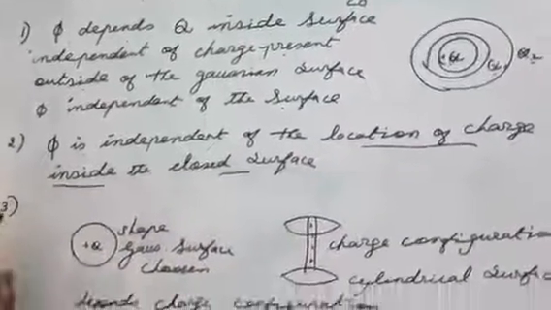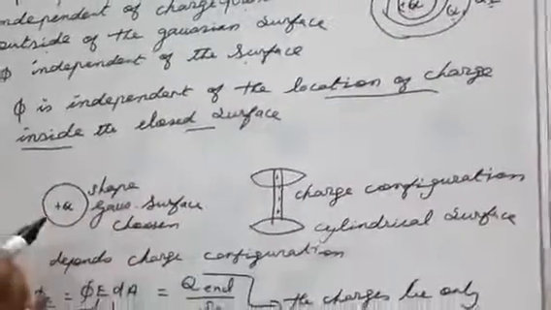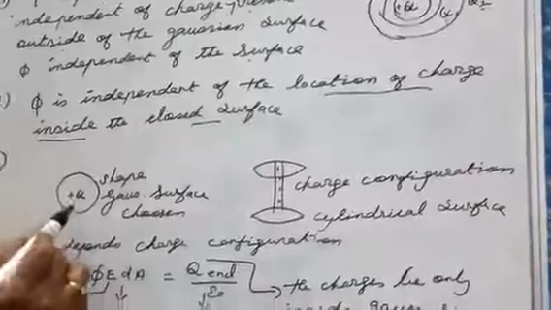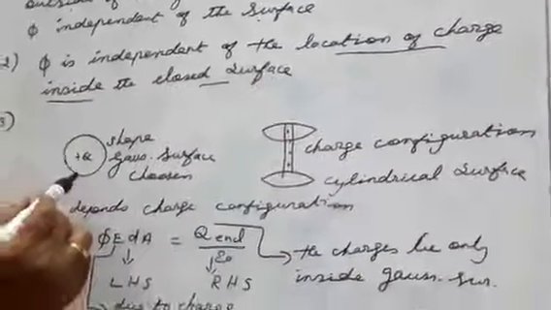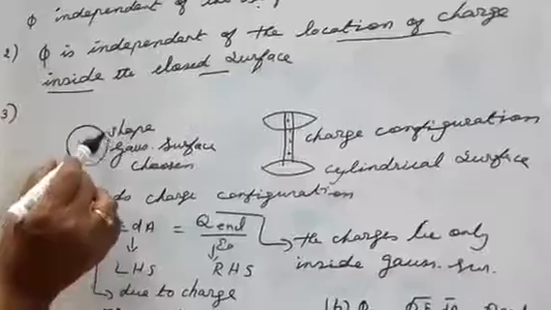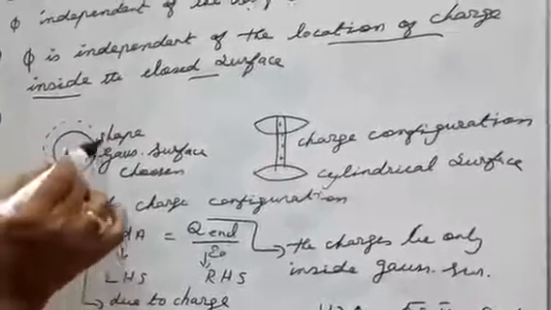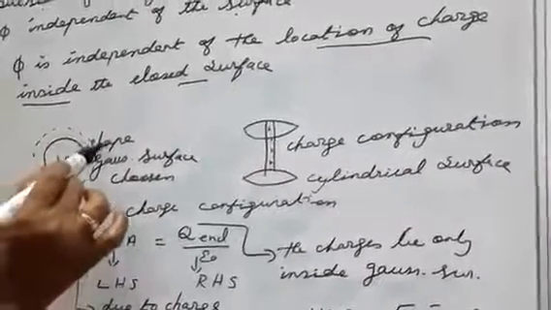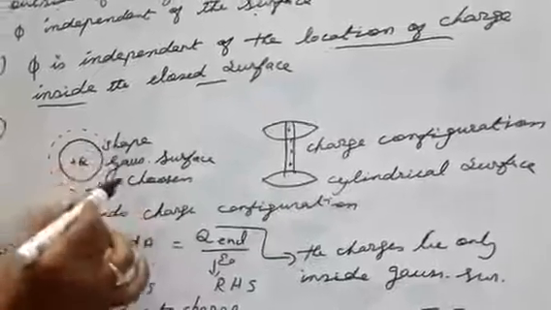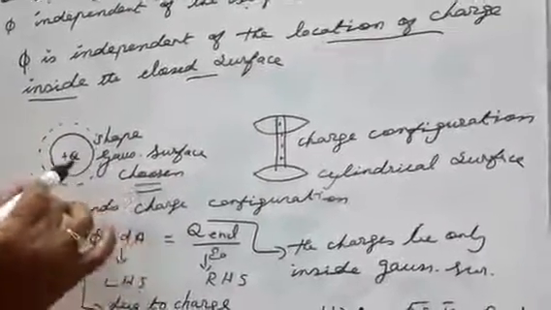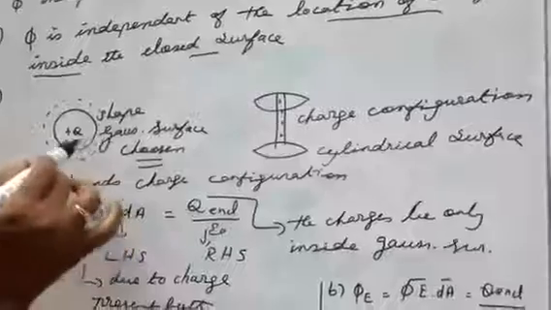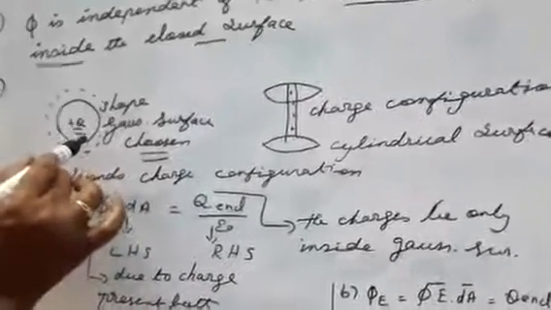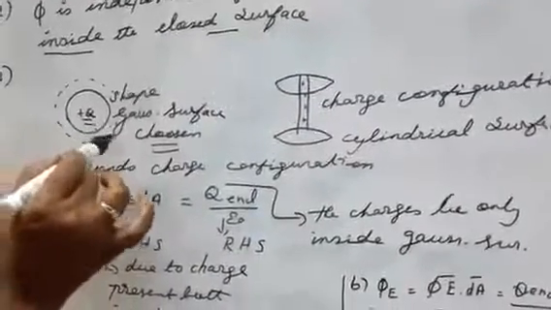Next, the third point. Suppose this is a plus q, and outside there is a Gaussian surface. This imaginary surface is called the Gaussian surface. The shape of the Gaussian surface to be chosen depends on the type of configuration of the charge, and the electric field is spherically symmetric for the point charge.